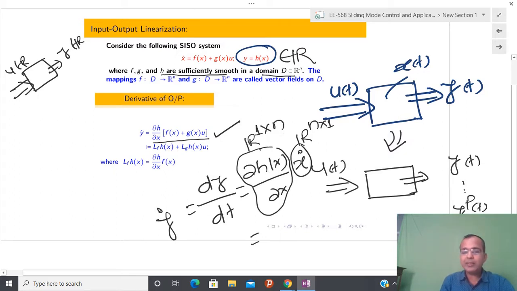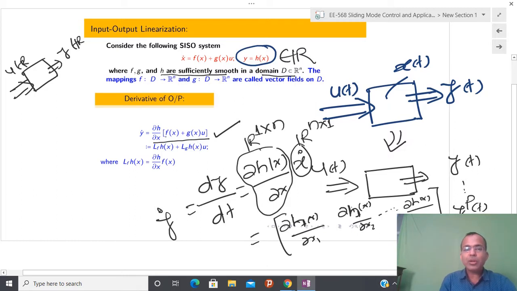Whenever you take the derivative, it means ∂h/∂x1, ∂h/∂x2, like a 1 cross n matrix. So h belongs to R only, there is no need to write h1, and after that ∂h/∂xn comes into the picture. So I have a structure like this.